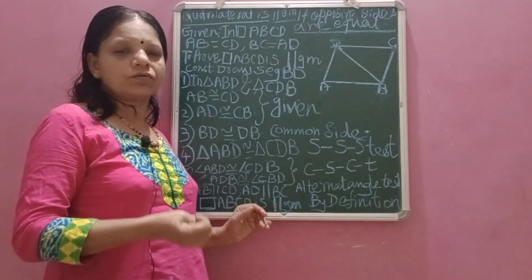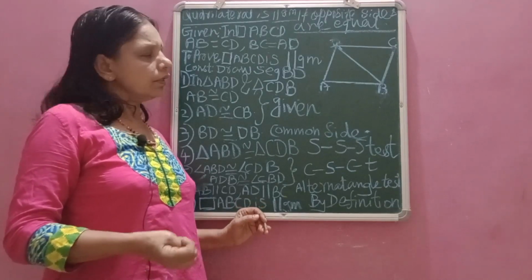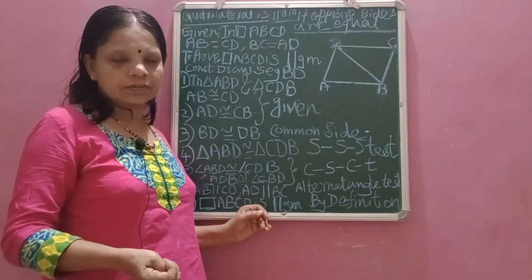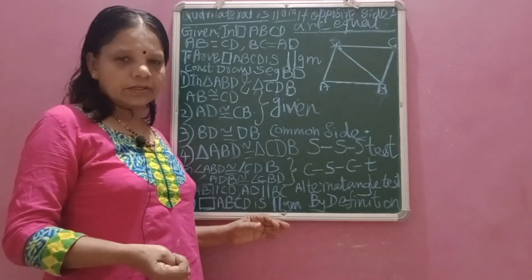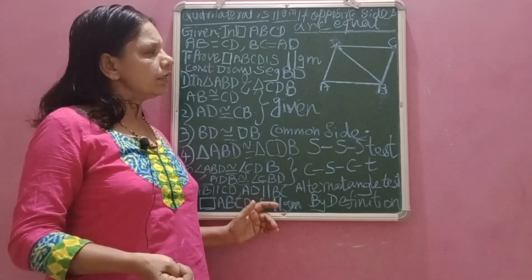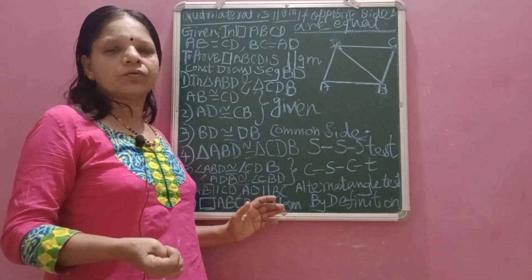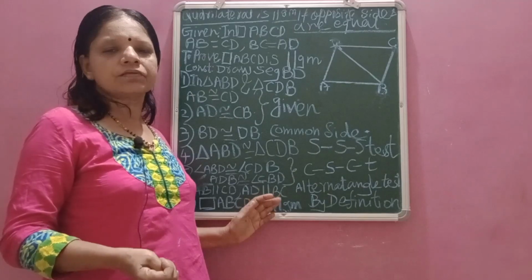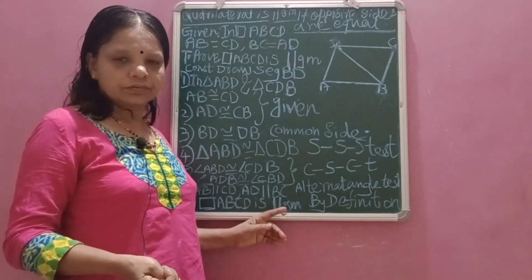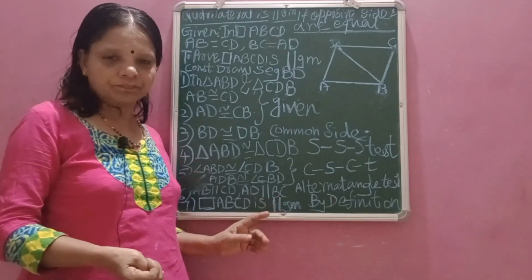So by the converse of alternate angle theorem, AB parallel to CD and AD parallel to BC. In quadrilateral ABCD, AB parallel to DC and AD parallel to BC, therefore quadrilateral ABCD is a parallelogram by definition. Understood the proof?